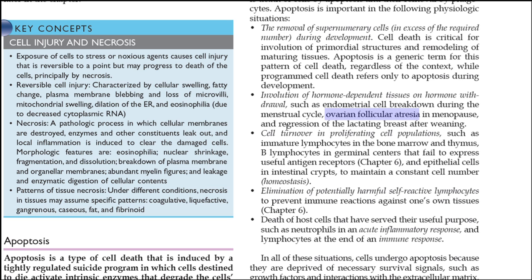That is ovarian follicular atresia, degeneration of ovarian follicles. Next, the lactating breast in females. After weaning, that is after milk is given to the baby, the lactating breast regresses and starts degenerating. That is also due to apoptosis.